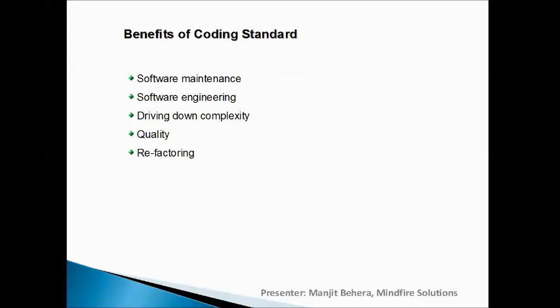Second one is software engineering. As we are in the software industry, we must follow the engineering of the application, which needs a basic architecture, and the engineering beauty is in following the standard rules that are defined.